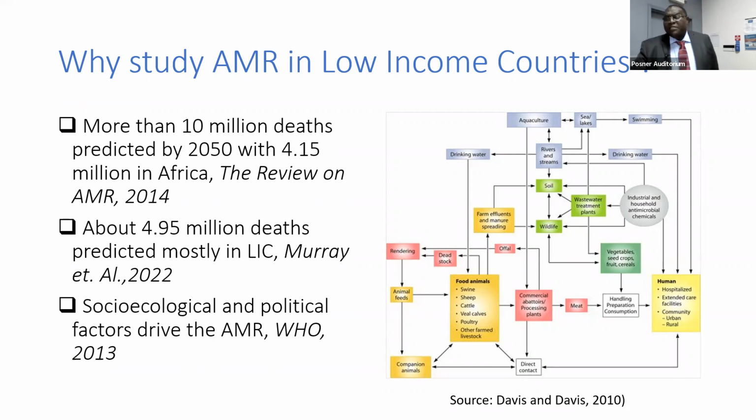But another interesting thing here, besides this One Health approach that is required to deal with this situation of AMR, is that One Health is defined as the collaboration across sectors to reach an optimum health for humans, animals, and the environment.